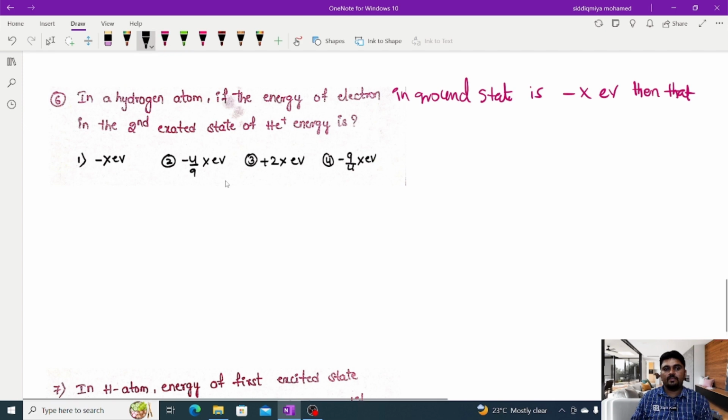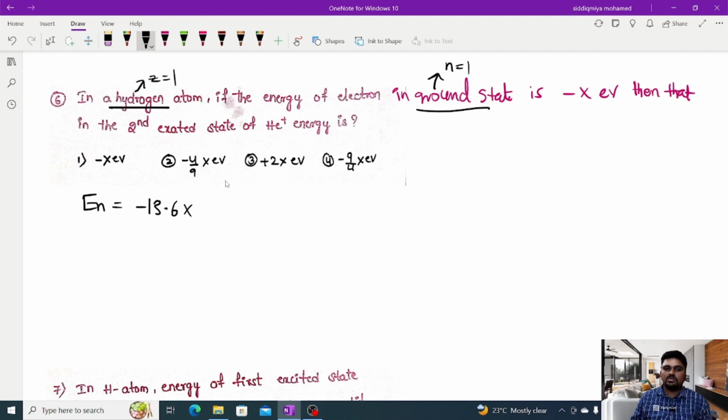Right, so they are giving it in eV. First we will see the hydrogen atom, the energy of the electron in the ground state. It means the Z value is 1 for hydrogen atom, and ground state means n value is equal to 1. So what is the formula we have? En is equal to minus 13.6 into Z square by n square electron volts per atom.